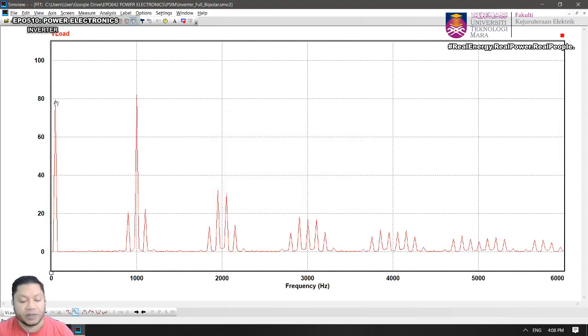The fundamental and then the harmonics at the switching frequency and its odd multiples: 1, 3, 5, 7 rise. But for the even harmonics, 2, 4, there is no harmonic at the even multiples, right?